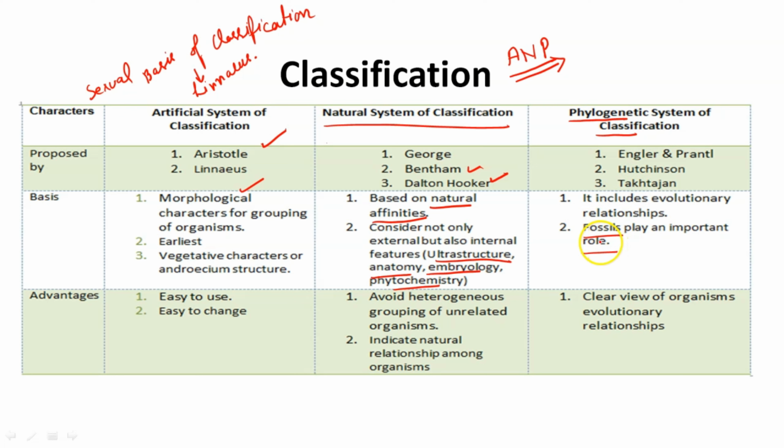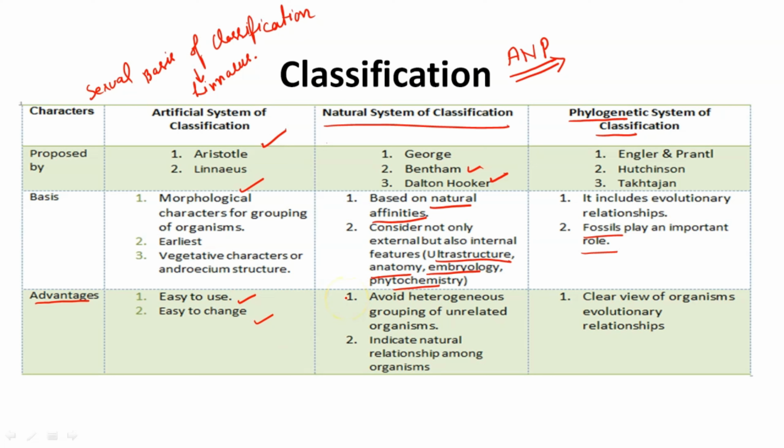Now when we come to the advantages and disadvantages, let's talk about the advantages. In the artificial system of classification, we know it is easy to use and easy to change. We can modify it easily according to us, right? So this is very easy to use.